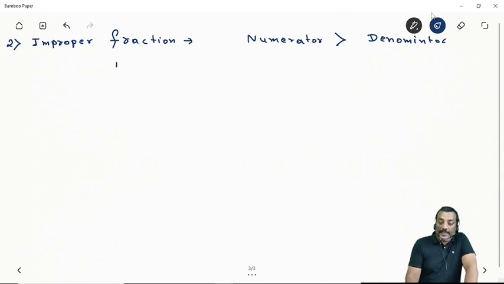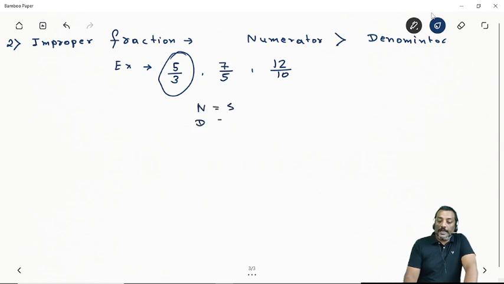You can see examples of improper fractions, like 5/3, 7/5, 12/10. So in all these fractions, if I talk about the first fraction, here the numerator is what? 5, and the denominator is what? 3.